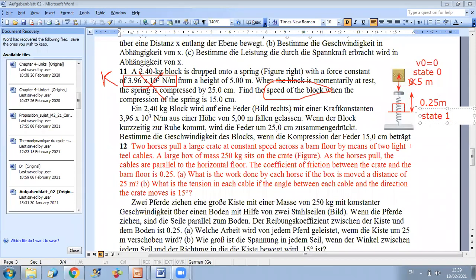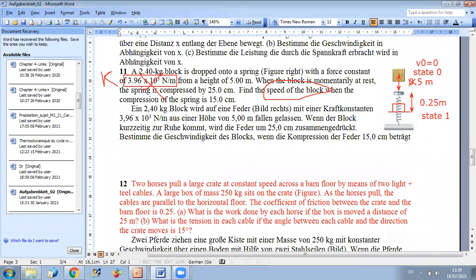So let us apply here. We can apply work and energy, or conservation of mechanical energy. Let us remind you of the two. If I want to apply the principle of work and energy, what should I do? What does work and energy say?